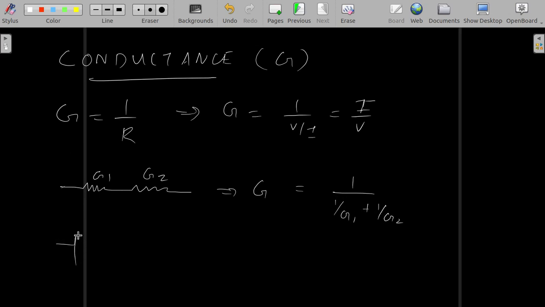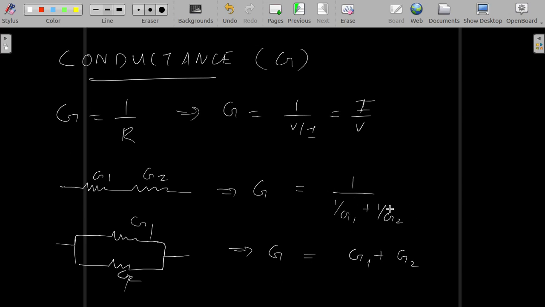What happens in a parallel connection? With G1, G2, G equals G1 plus G2. Okay, so why is this happening? In a series connection, the conductances don't add up directly; conductance effectively reduces.